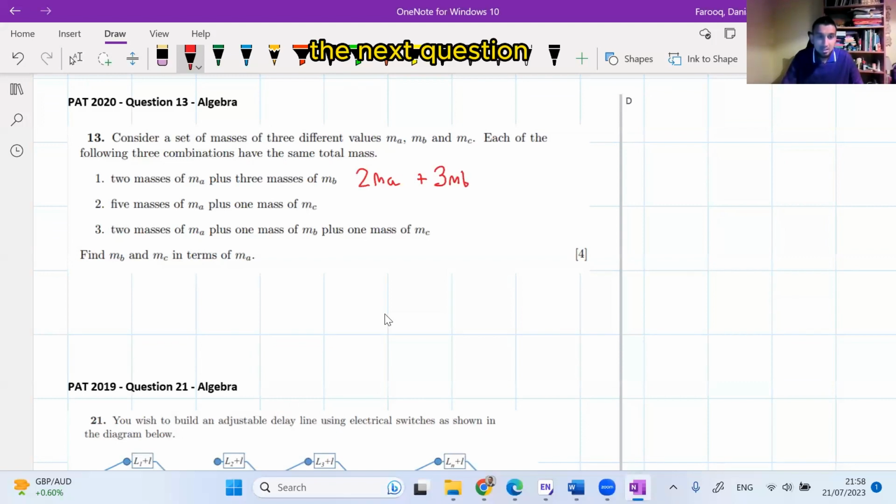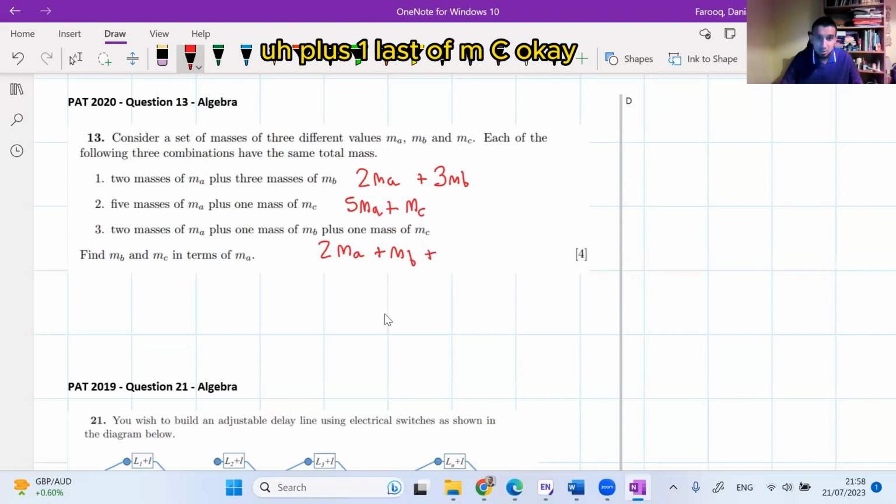The next one, 5Ma plus 1Mc, that will be 5Ma plus Mc. Two masses of Ma plus one mass of Mb plus one mass of Mc. Okay, now it says find Mb and Mc in terms of Ma.